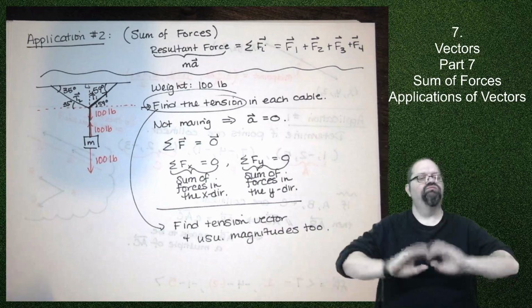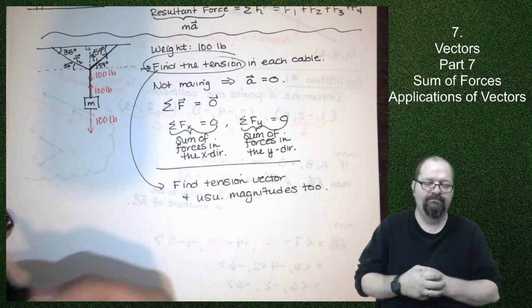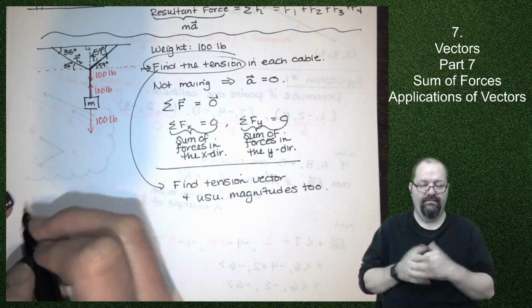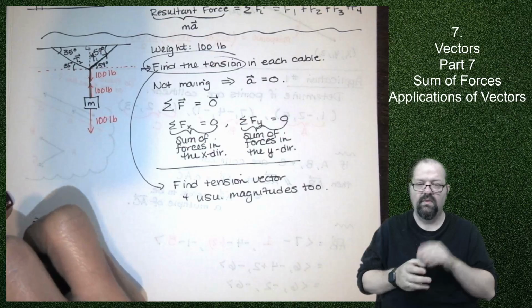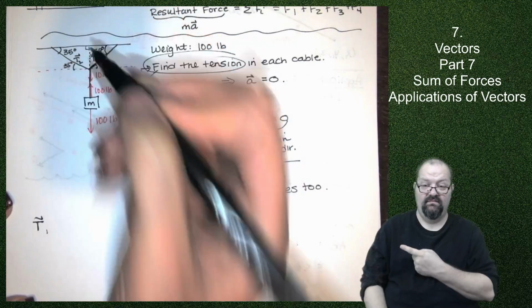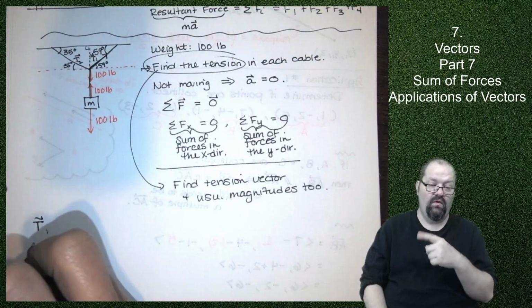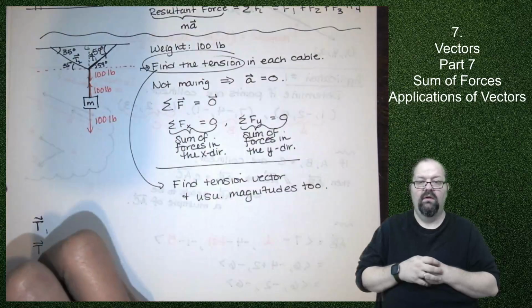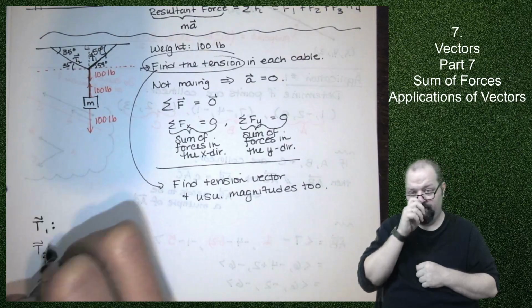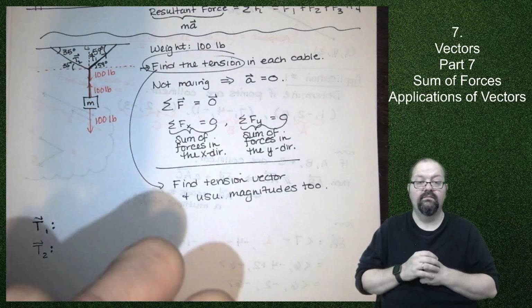Okay, so I am going to use this symbol for the tension over here, and this symbol for the tension over here. And we're going to break it into components.